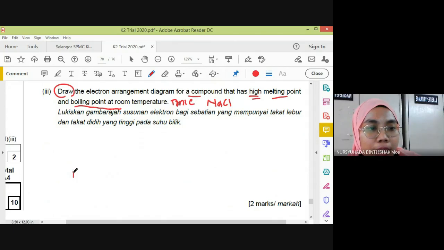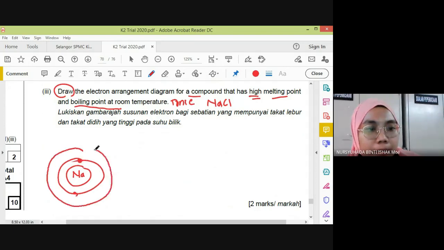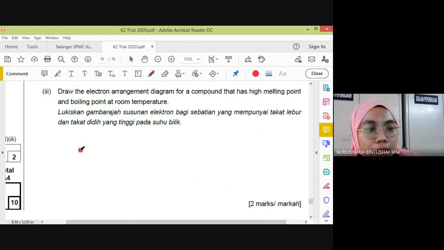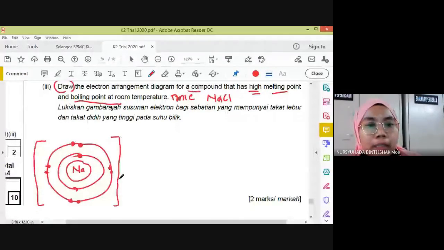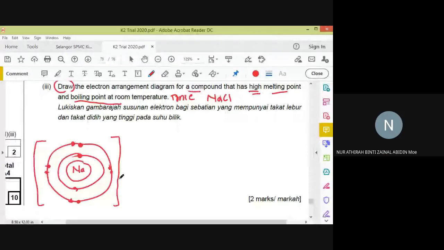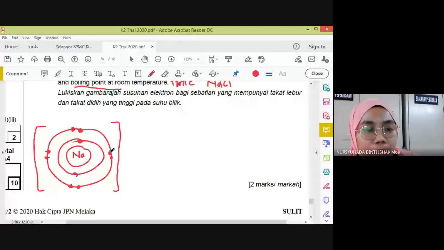So Na, first shell fill up with 2 and then 8. So Na release electron. So dia akan jadi charge apa? Positive 1.